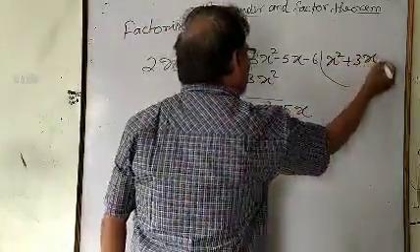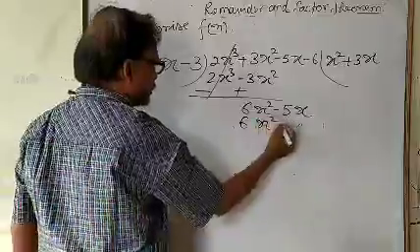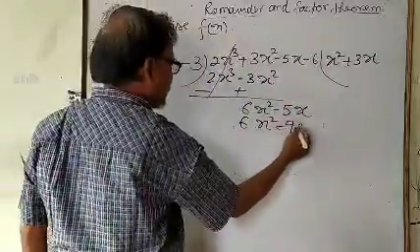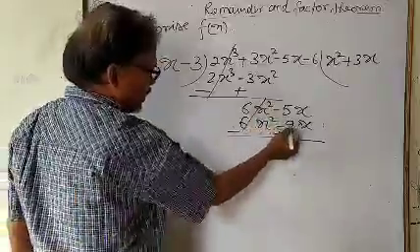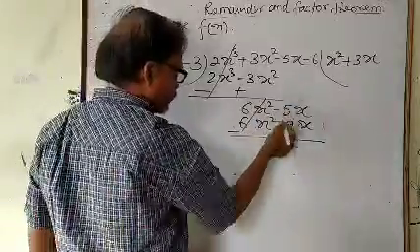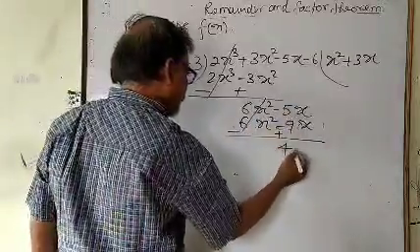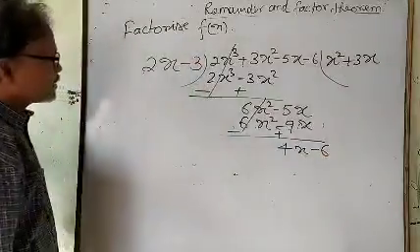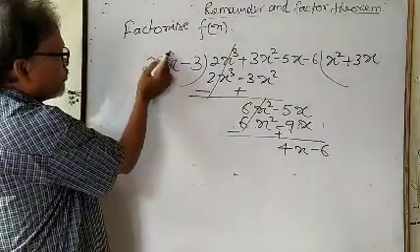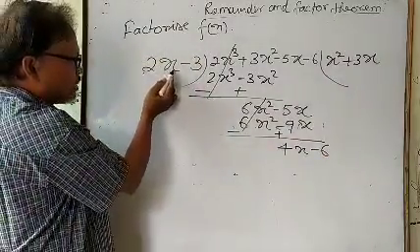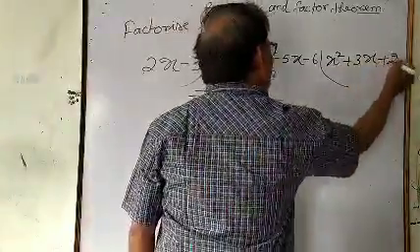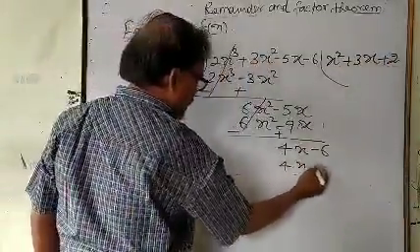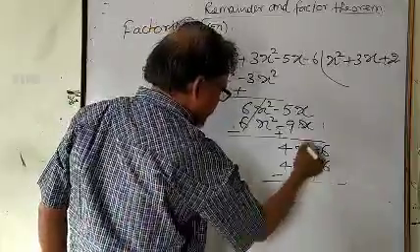So plus 6x square, and 3x into minus 3 is minus 9x. Whole, plus and minus 9, plus 9 minus 5, that is 4x minus 6. Then again, by which number do you multiply this 2x to get 4x? By 2. So plus 4x and minus 6.